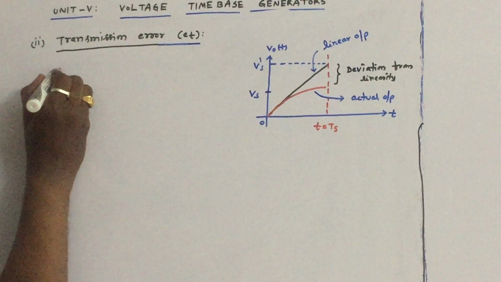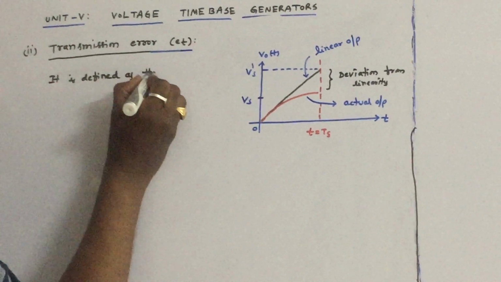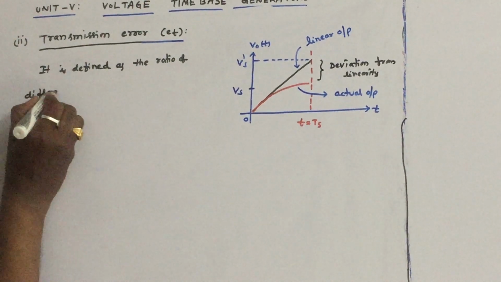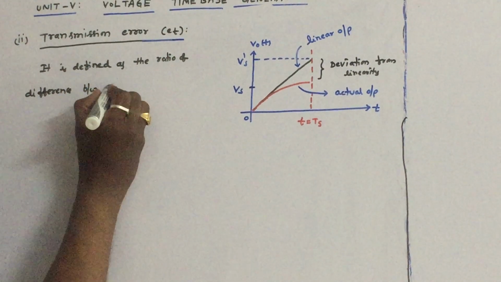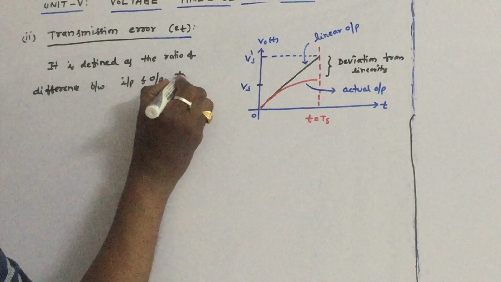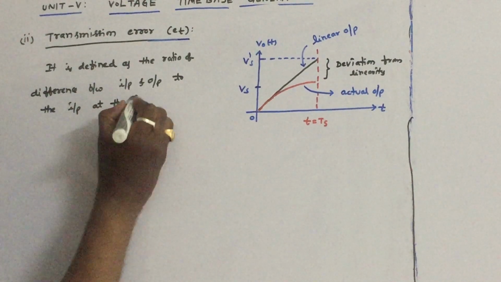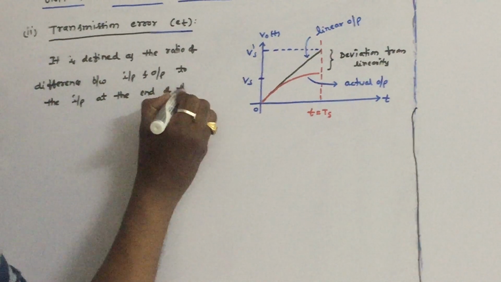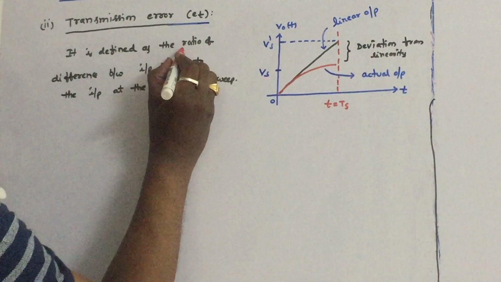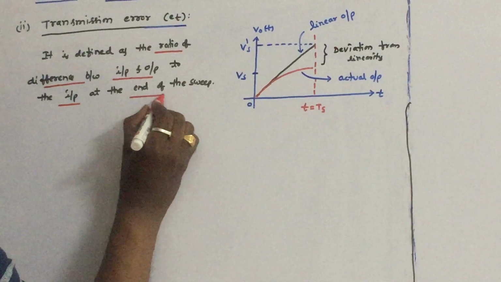Let us see how it is defined. It is defined as the ratio of difference between input and output to the input at the end of the sweep.